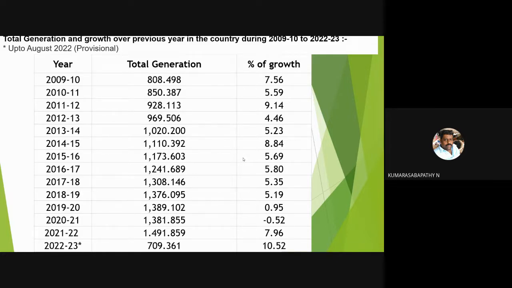The contribution from renewable energy sources is more, mainly from solar power plants. Due to this, we have achieved nearly 10.52 percent growth in generation of power in this financial year.